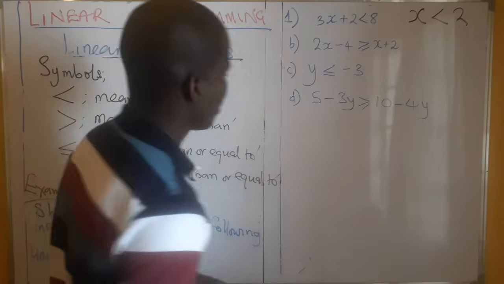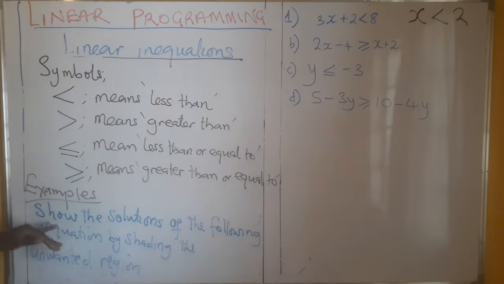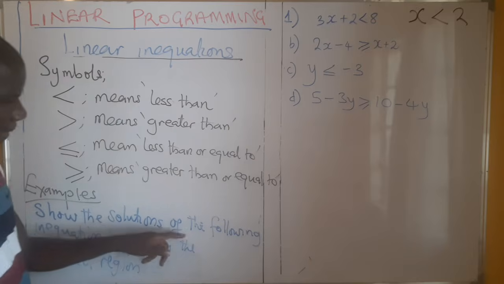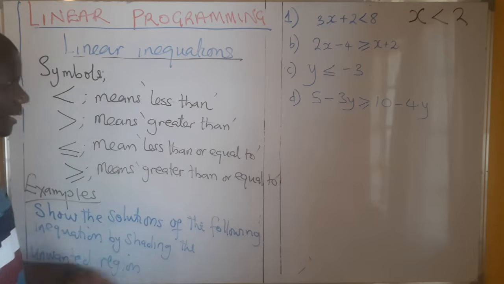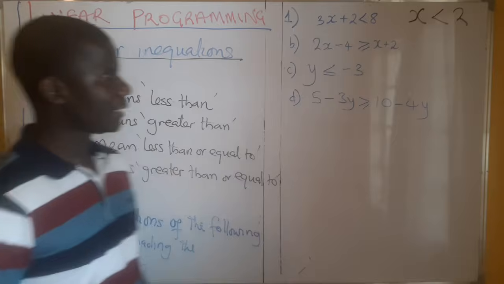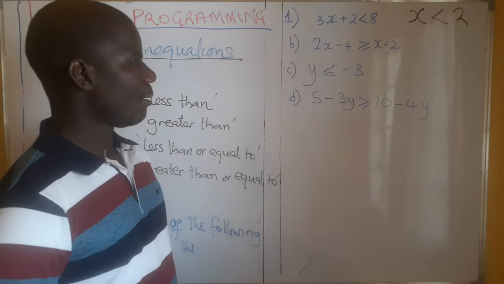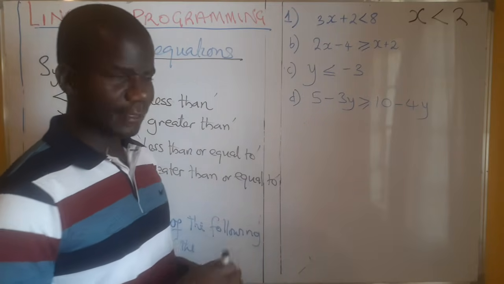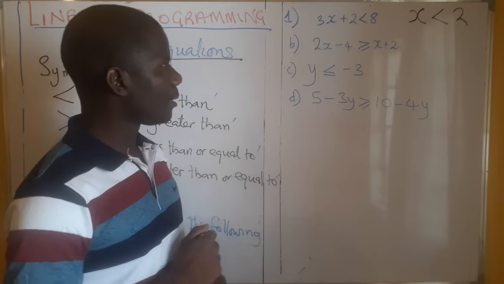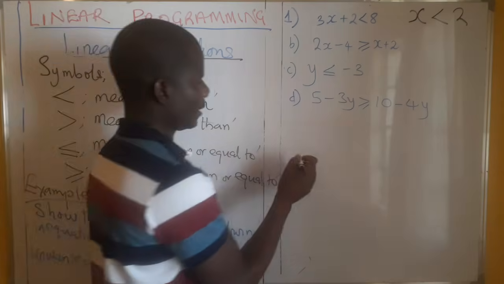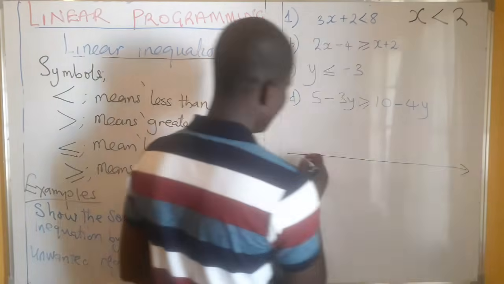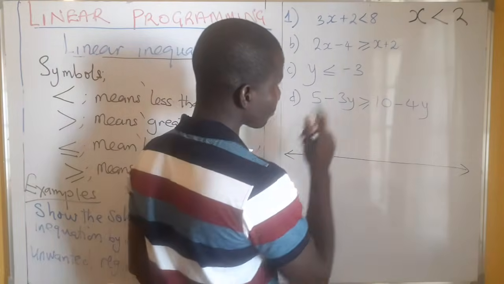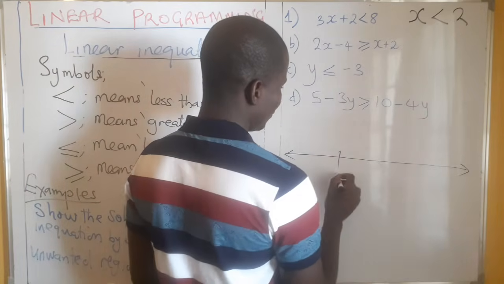Now, we are told that we should show the solutions of the following inequations by shading the unwanted region. But before I come to that, let me just show you how you can show this on a number line. We have our number line here, and our 0 is here.